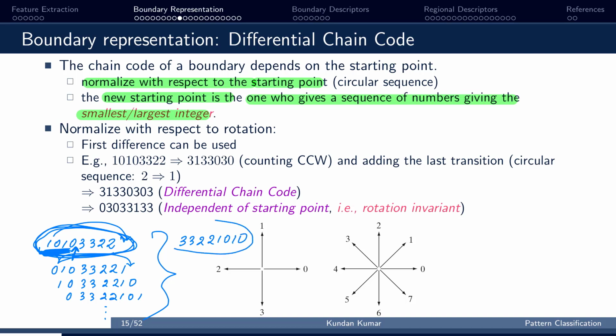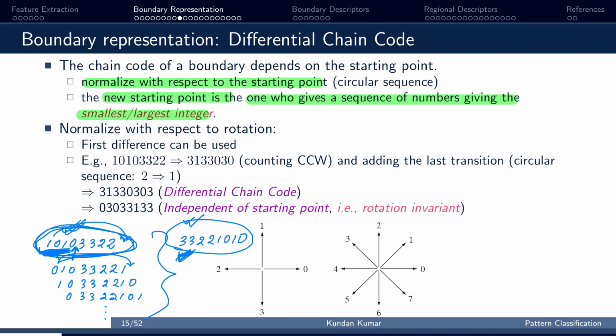So when you check it, you will find that the largest integer that we can form using this chain code is this one. So this is basically the chain code normalized with respect to the initial or starting point that we have chosen to write our chain code.